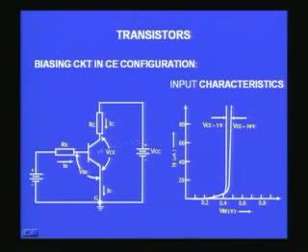While I am doing this variation of VBE at the base emitter junction, I can have some fixed voltage between the collector and the emitter. So, if I have a 5 volts power supply for the VCE, then this will be the graph I will get, and if I replace it with a much larger voltage, then you will get a slightly different curve, but overall it is just similar to a forward biased diode.